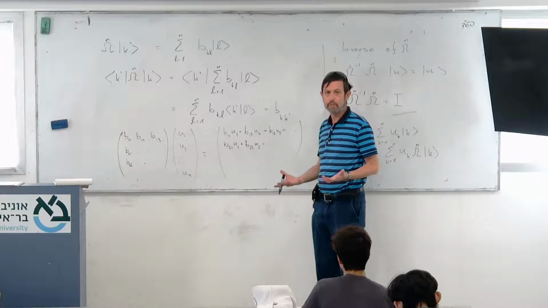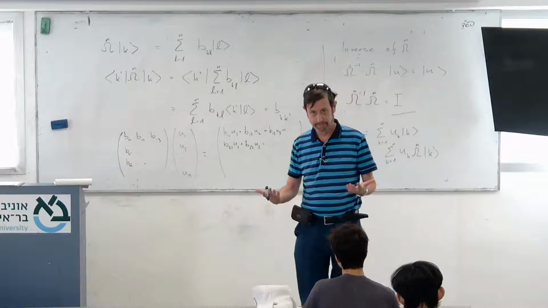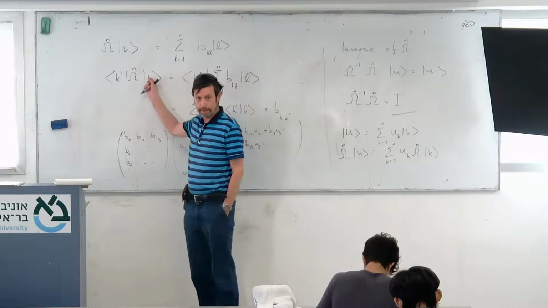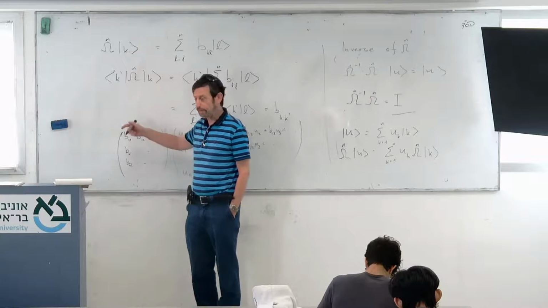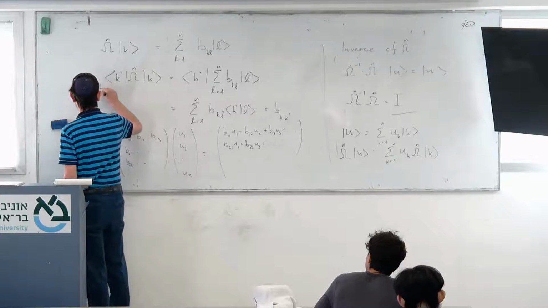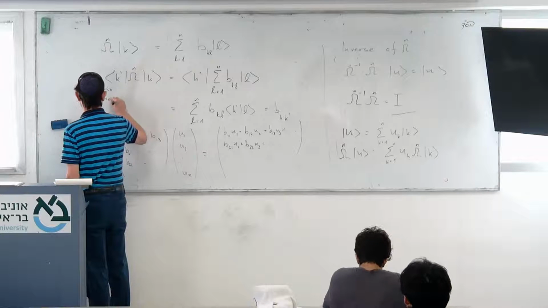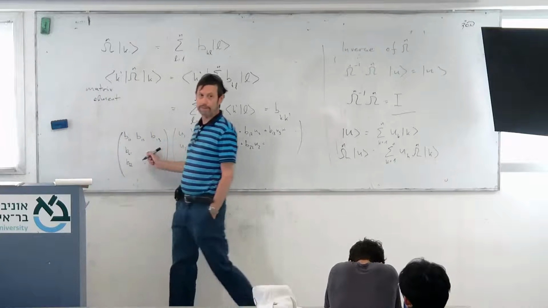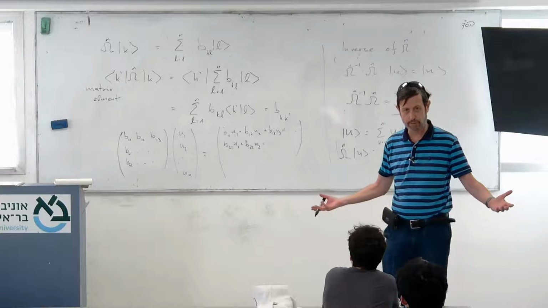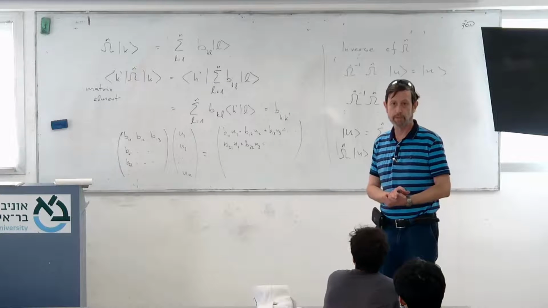So if you have an operator and you want to write it down as a matrix, just choose your basis and perform this calculation of what the operator does.